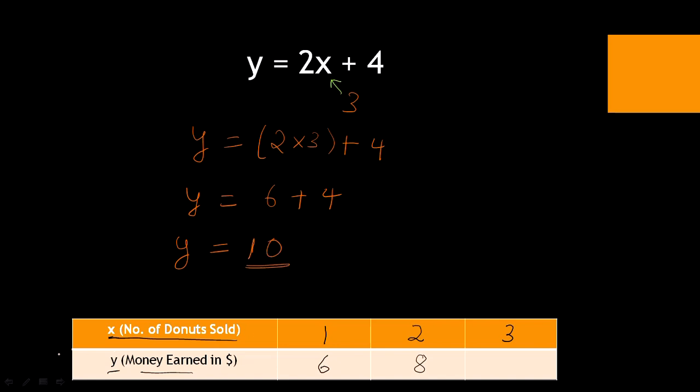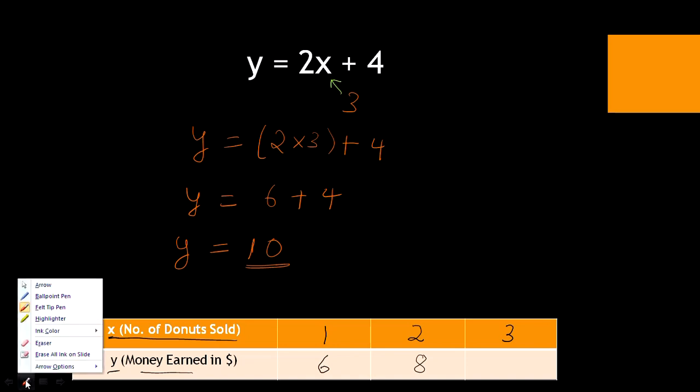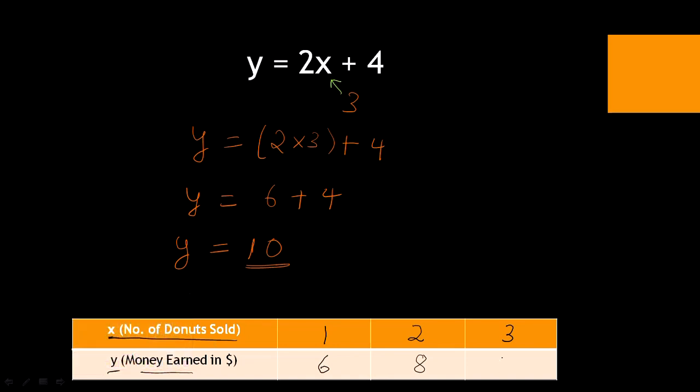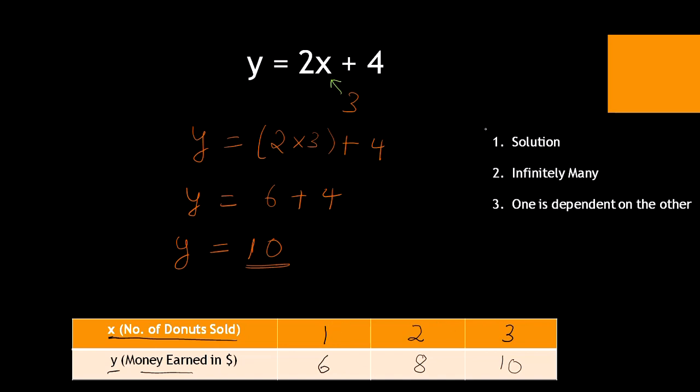So Tommy has earned $10 on the final day by selling 3 donuts. Now we have the money earned on all 3 days by selling 3 different numbers of donuts. Now let us have a look at these 3 points regarding what we have discussed right now.